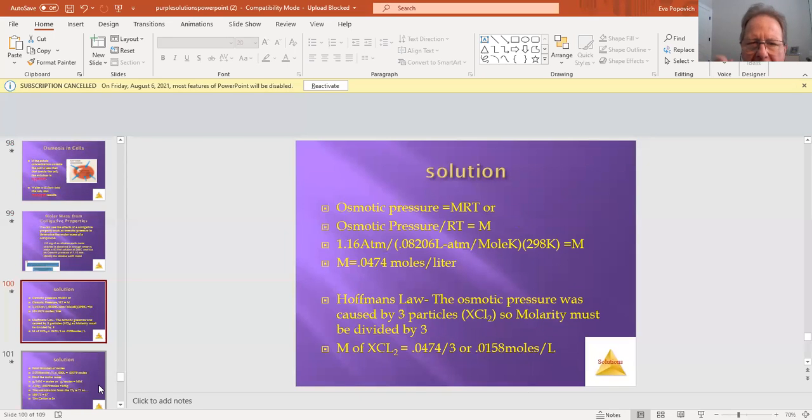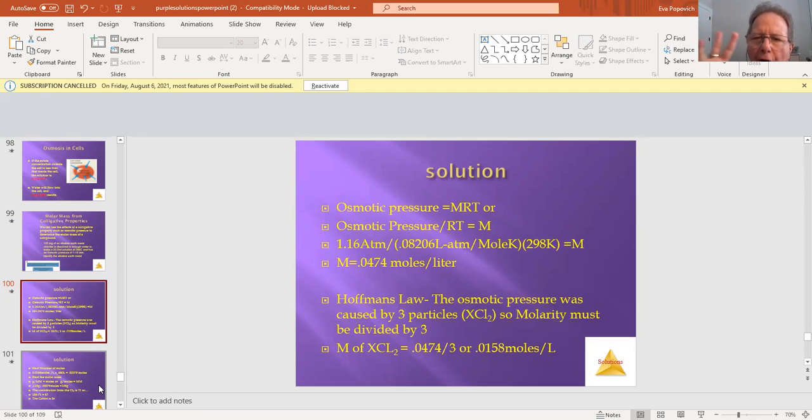Now, I'm going to get into Hoffman's law on Thursday. But basically, remember, colligative properties have to do with the number of particles. So if I have an alkaline earth metal, alkaline earths have a +2 charge. So my alkaline earth chloride is going to be XCl2.